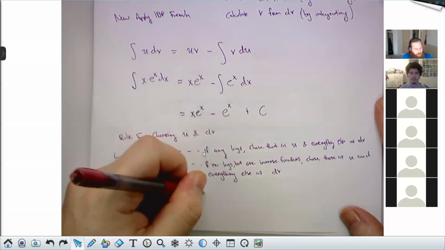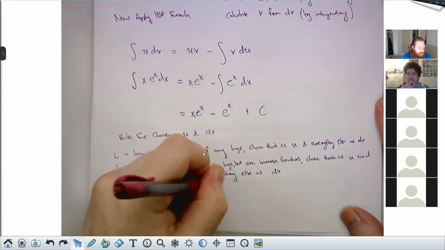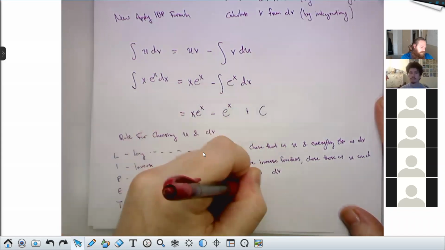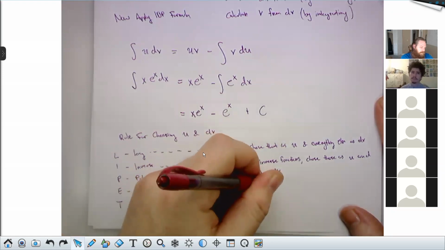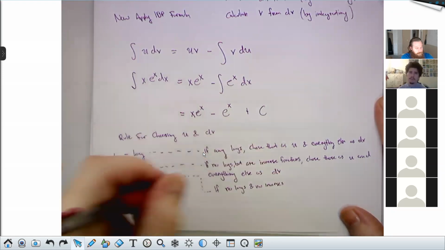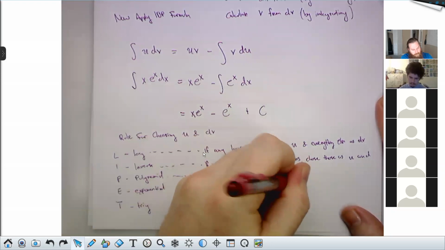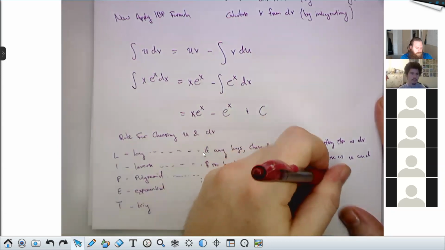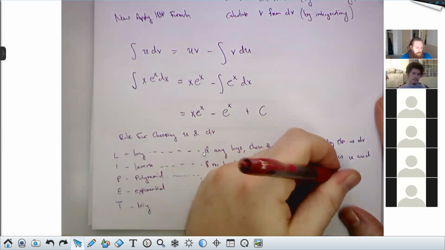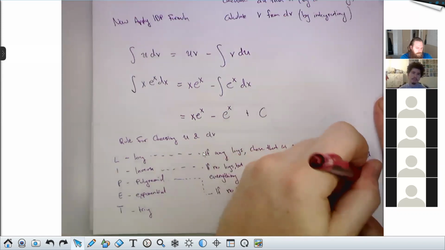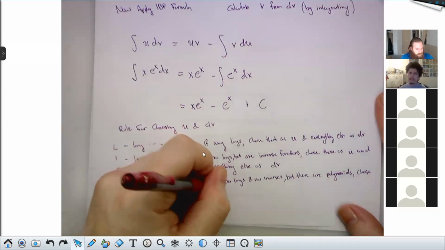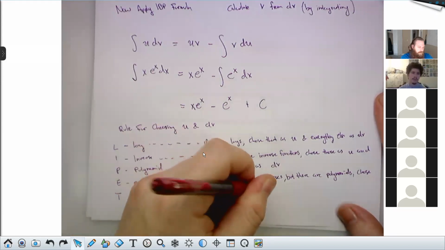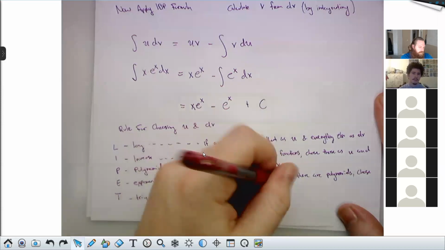Now, if there are no logs and no inverse functions, you get where this is going, right? But there are polynomials, choose those as u and everything else as dv.